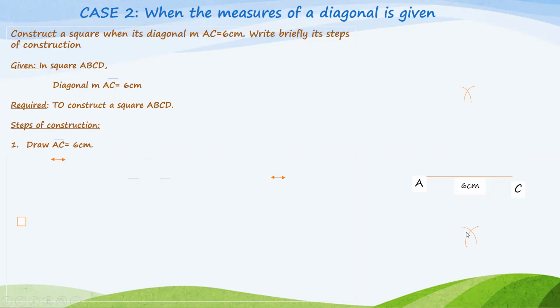Now we take a scale, a ruler, in our hand and draw the bisector EF, which intersects AC at point O. What we have done, students, is draw a right bisector which bisects AC into two equal parts.